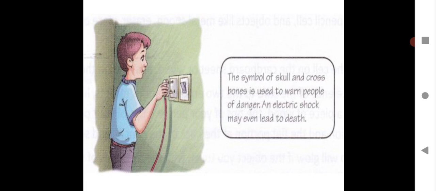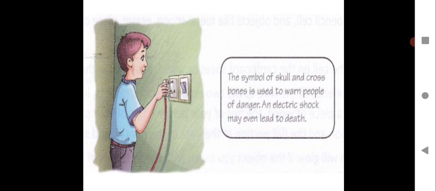And you may see this symbol where there is very high voltage, in a building where all the arrangement of the electrical circuit is done. You have a common point in a building where for every house they have an arrangement of the electric circuit and they have a fuse. There you have a sign of a skull and crossbones that shows danger.